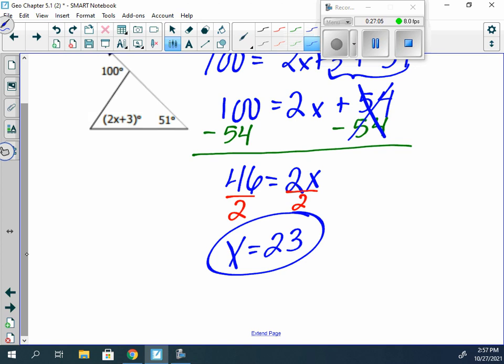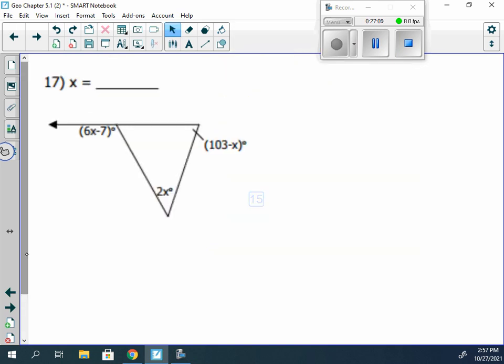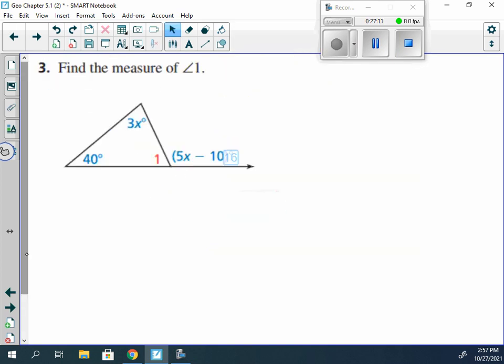Let's look at one more. Would you all want to look at 17 or 3? So if we look at 3, because I think 3 is a little bit more challenging. So it's on the very last page.